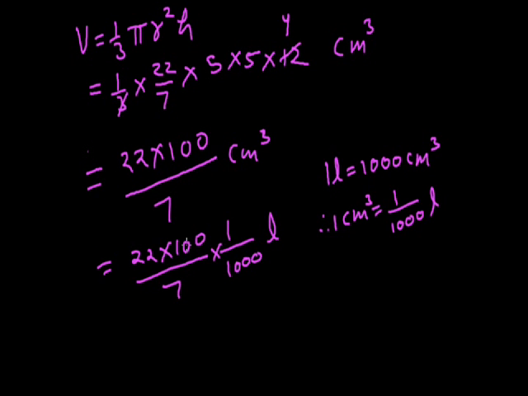So the two zeros are cancelled with two zeros. Now 22 and 10 are cancelled by 2, 11, that is 5 times. So the answer is 11 by 35 liters. So this is the capacity. Capacity means the volume. The volume of this conical vessel is 11 by 35 liter.